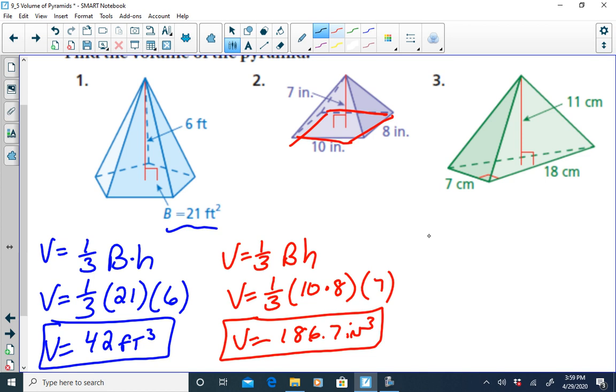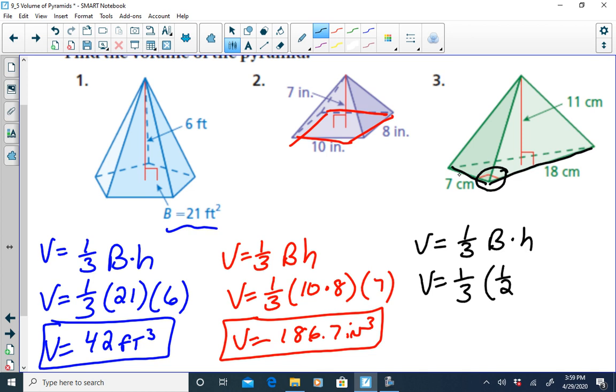All right, problem 3. Start with our formula. 1/3 base area times the height. But the base area here is a triangle, and the triangle base area is 1/2 base of the triangle times the height of the triangle. We got to find that right angle symbol to identify the base and the height of the triangle. So that's going to be 7 times 18, but then we multiply by the height of the pyramid.